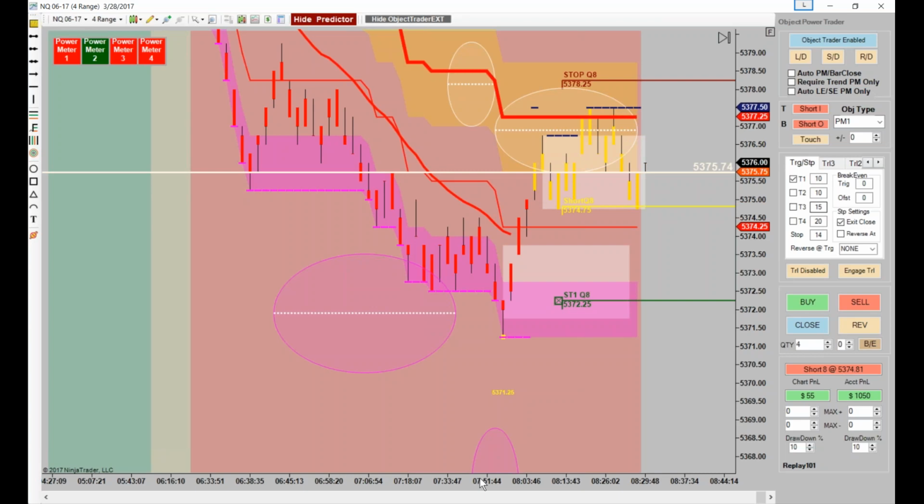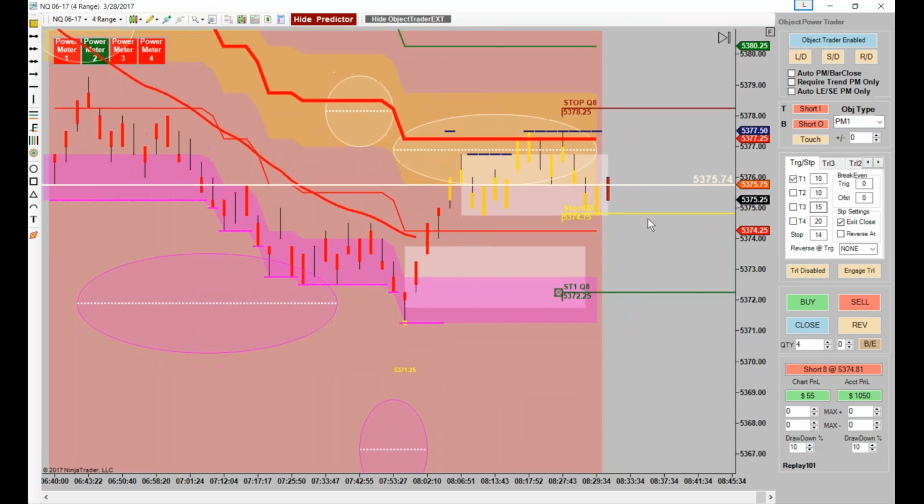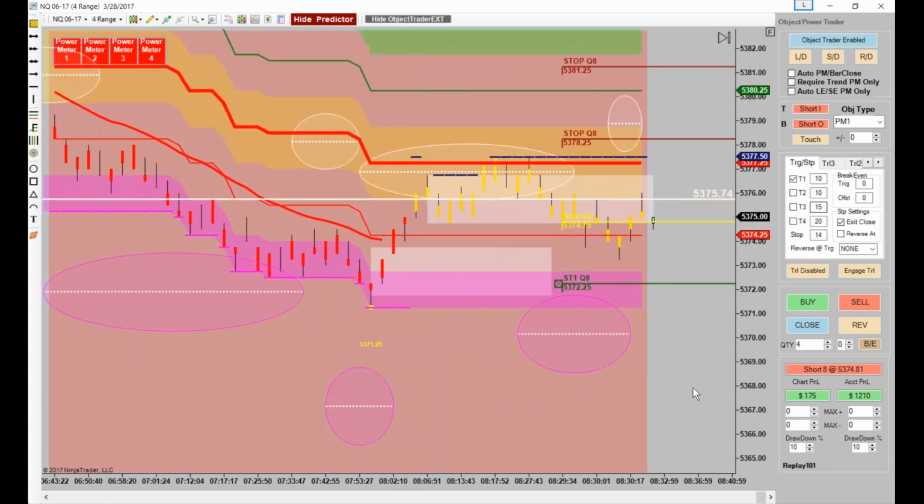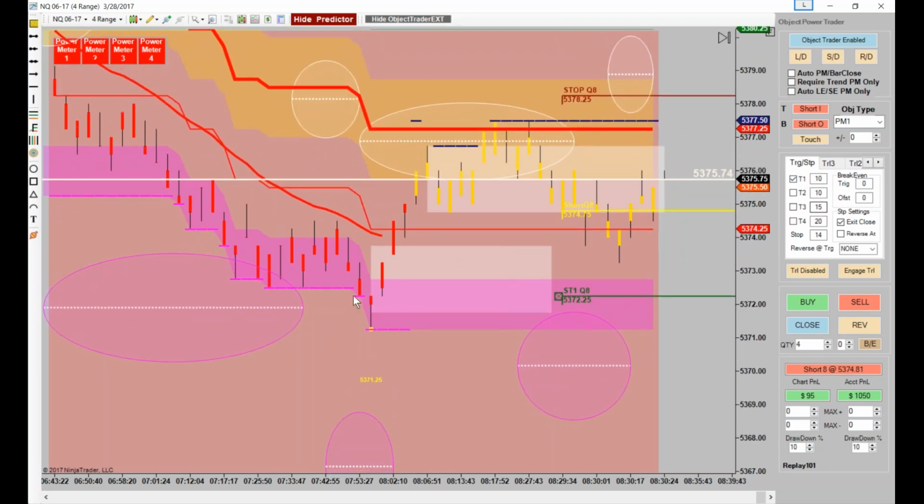PM trade. Now, what's a PM trade? A PM trade is a little breakout trade, right? Okay, notice that I've got 8 on here. Unfortunately, I can't split this up because we have just one target, so we're probably going to have to go ahead and take our coin. If we had several targets, we could go ahead and change that.